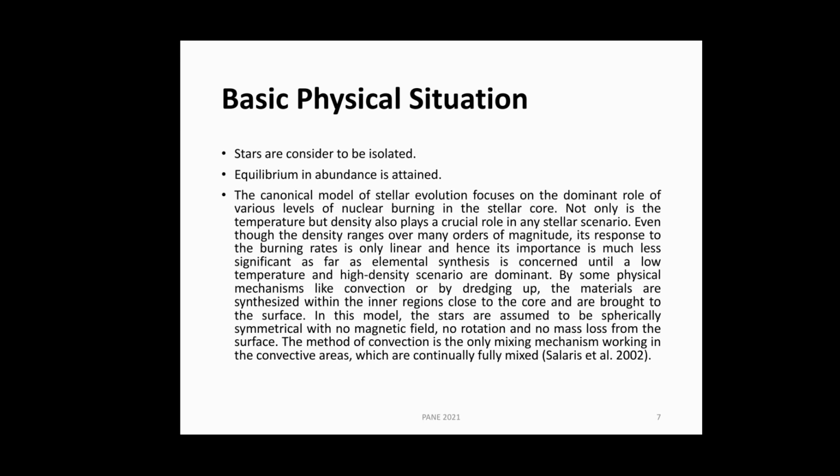Now the basic physical situation. We consider the stars are isolated and equilibrium in abundance is attained for all the stars. Also, we consider the canonical model of stellar evolution is valid. That is, stars are assumed to be spherically symmetric with no magnetic field, no rotation, and no mass loss from the surface of the star.